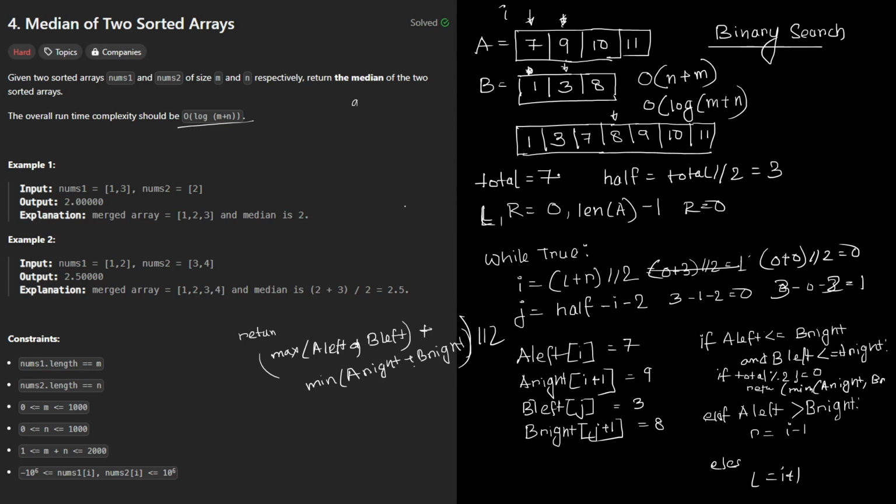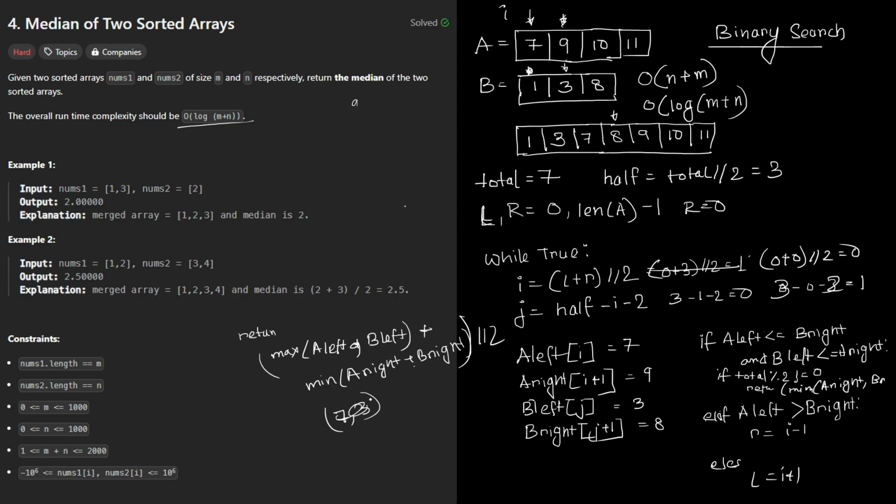I can show you how it is working. So let us take this example. So we found our value. Now our A left is 7 and B left is 3. In this case, it's an odd integer, so it's going to be taking this one: minimum of A right and B right.